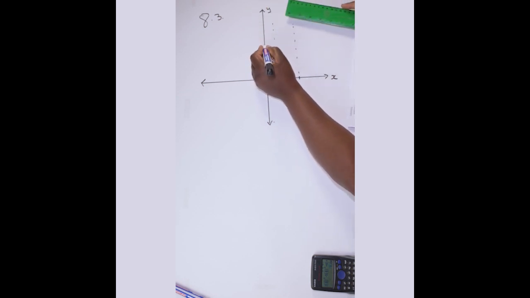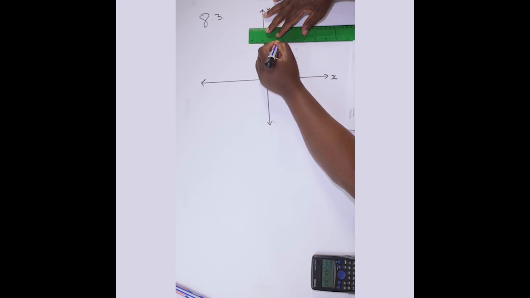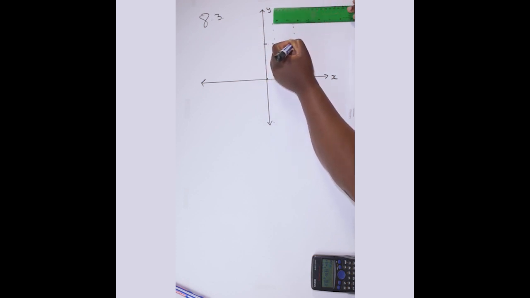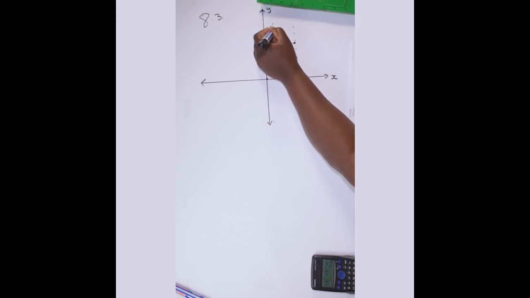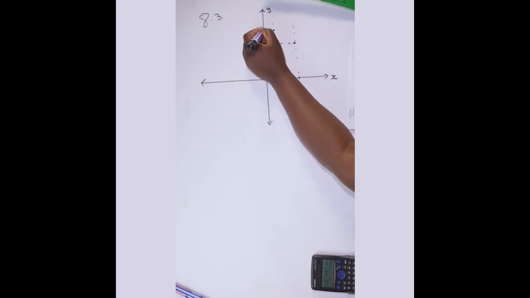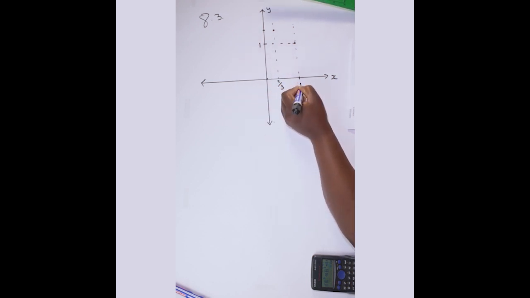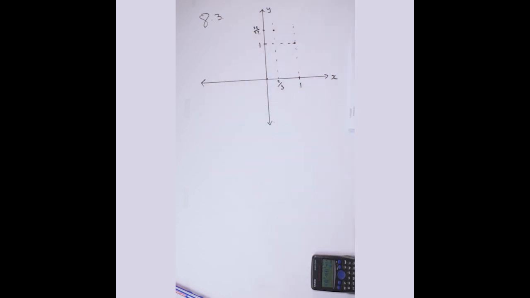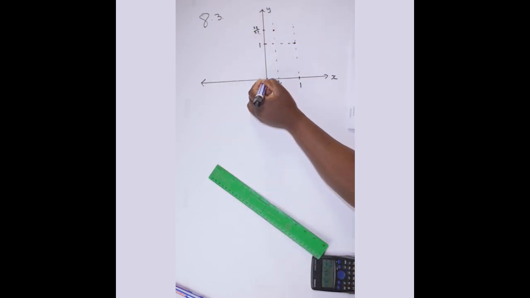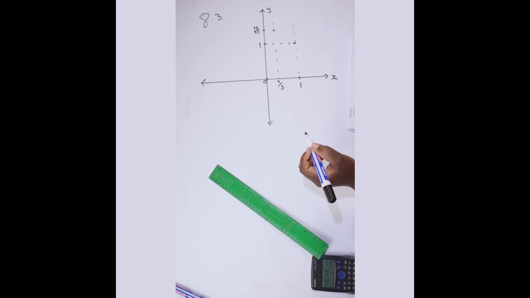So if this is 1 on the y-axis, then the other point can be there: this is 2 over 3, this is 1, this is my 28 over 27. And then from there, remember I had 0 here for the x-intercept. So it means I can now draw my graph.